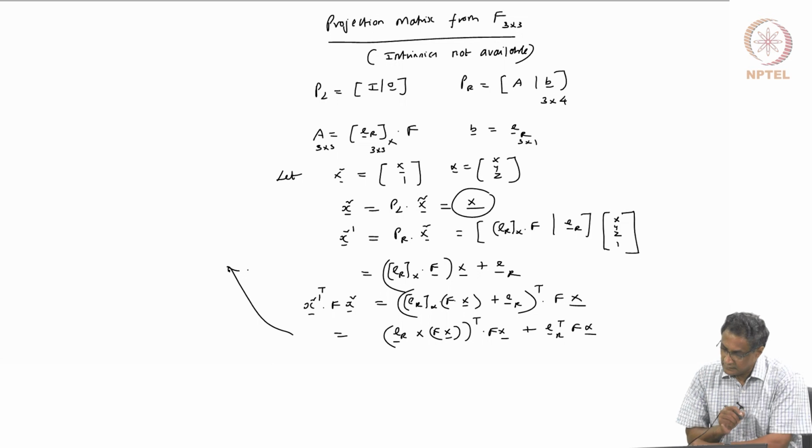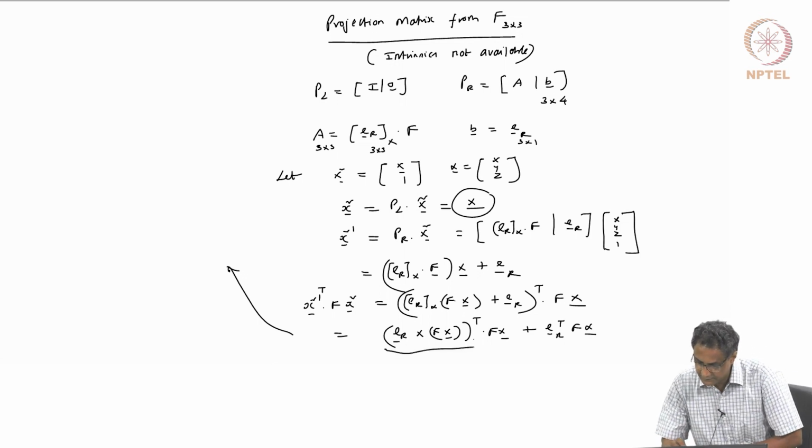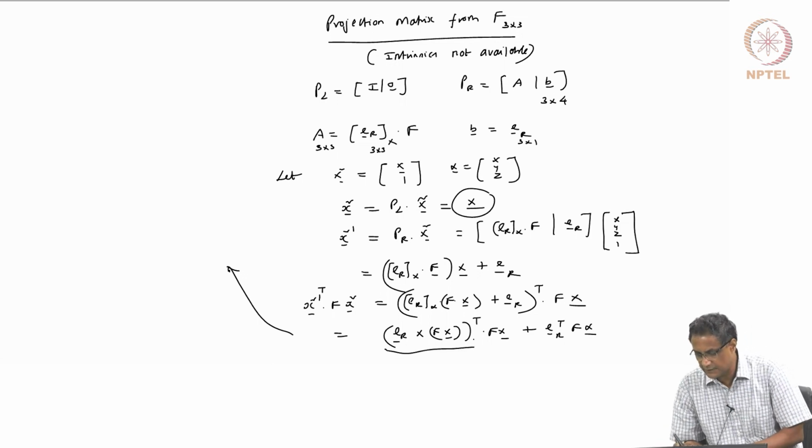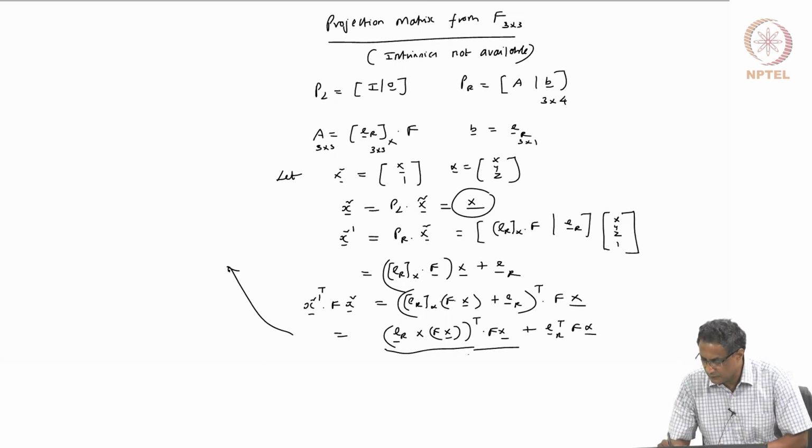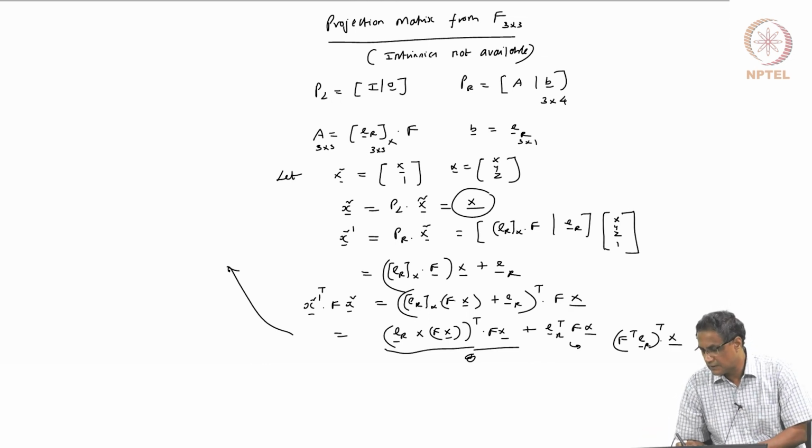And now we know that a cross product of ER with F X, when you take a dot product with F X, will be 0. And this other term is nothing but F transpose ER the whole transpose times X, and we know that F transpose ER is actually 0.